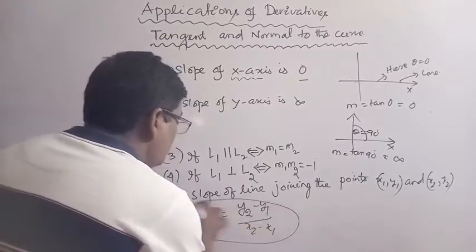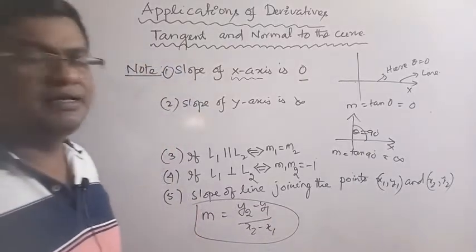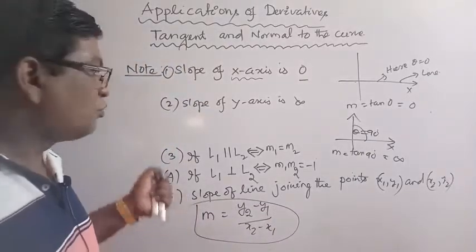This is the formula for the slope, to find the slope of a line if two points are given.